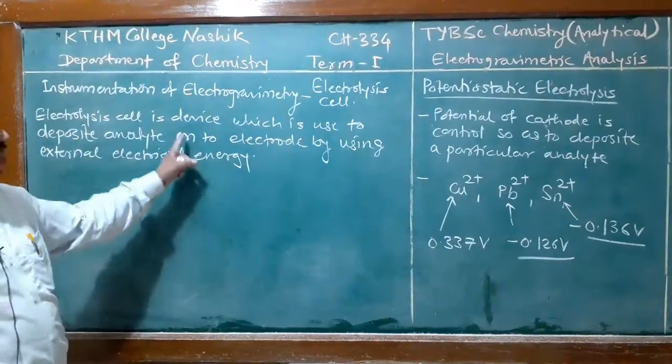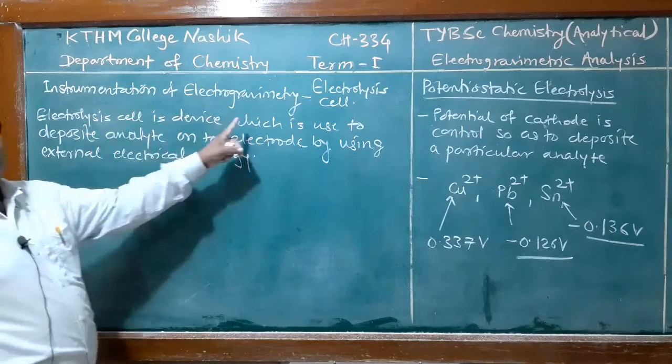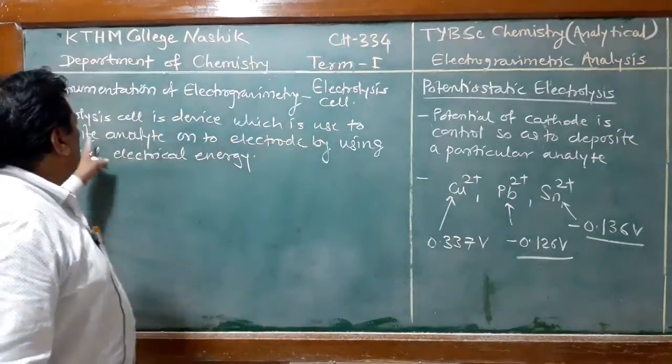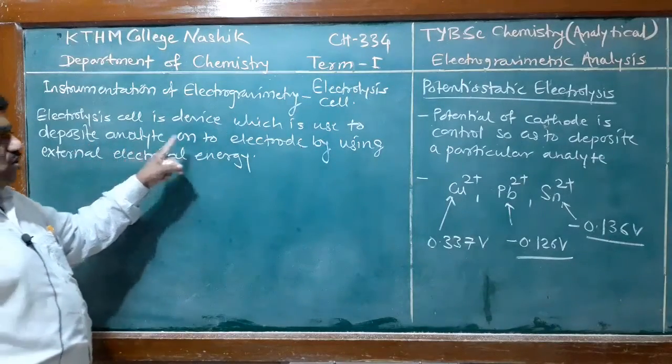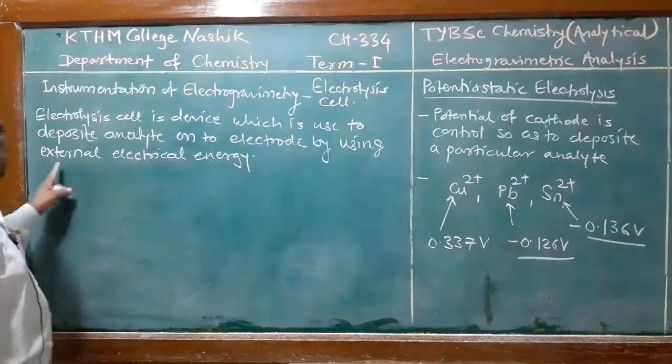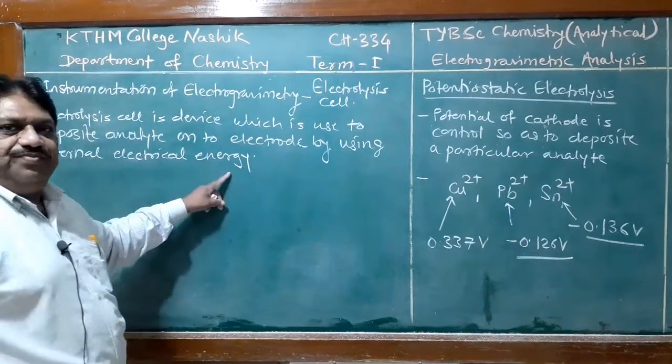Therefore, what is an electrolysis cell? An electrolysis cell is a device which is used to deposit a specific analyte onto the electrode, that means cathode or anode, by using external electric energy.